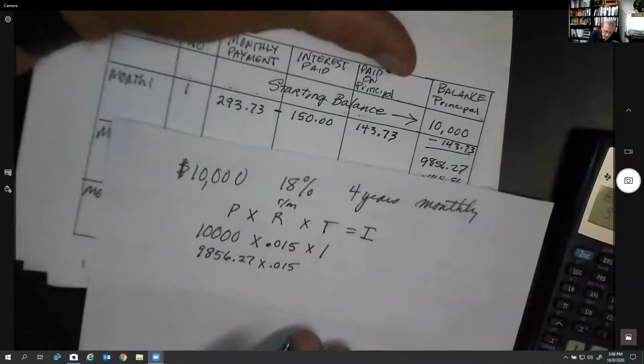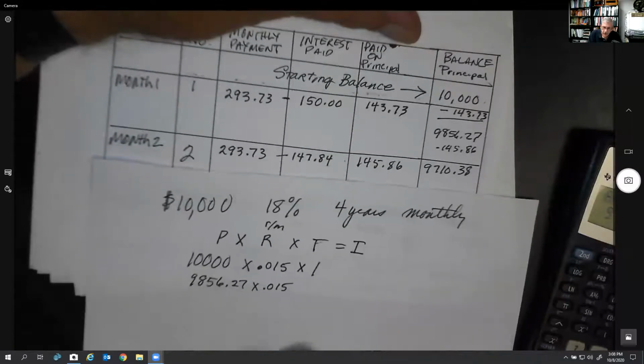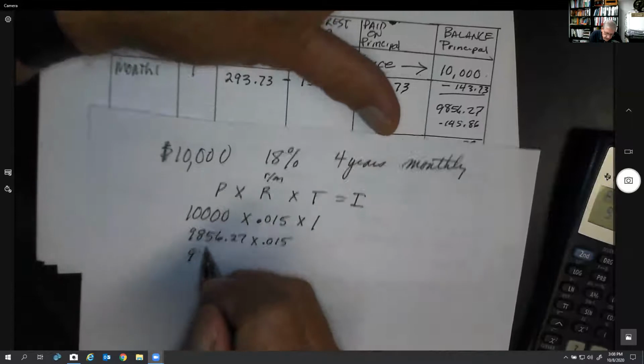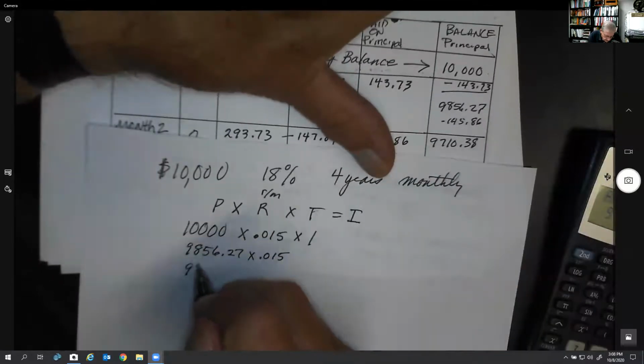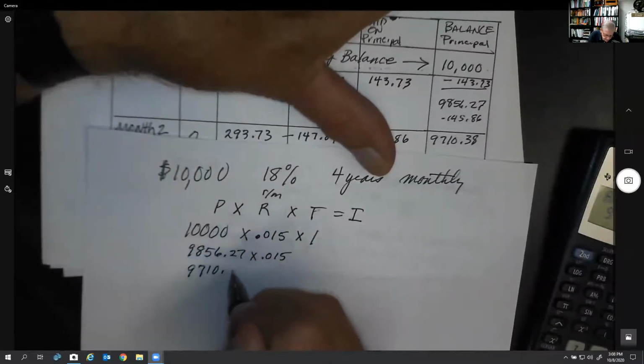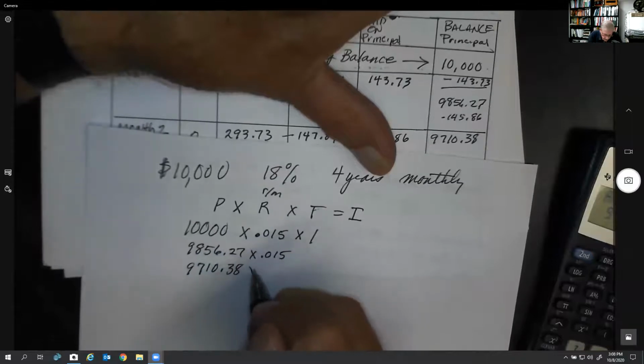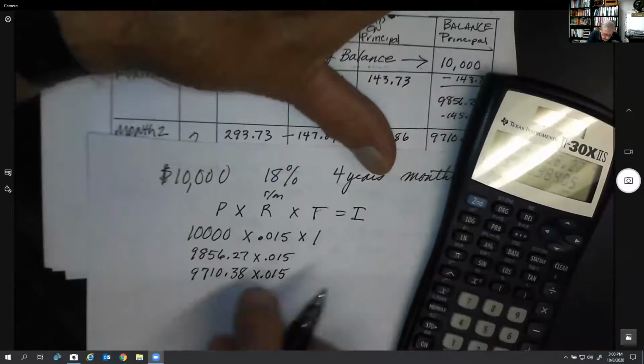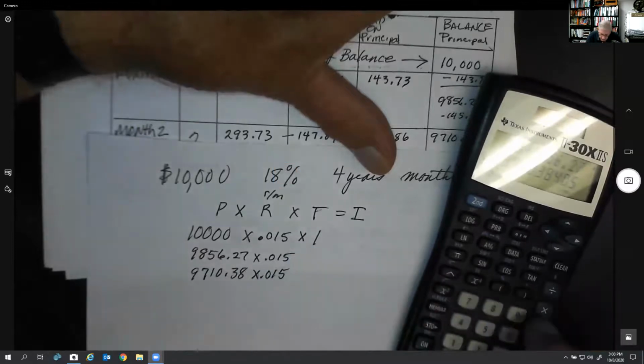So now we're going to do this again. We're going to use this as our new balance. Each time you come up with this end number, you're going to multiply that by 0.015. I should have probably been writing those down, but I've been putting them in the box. So times.